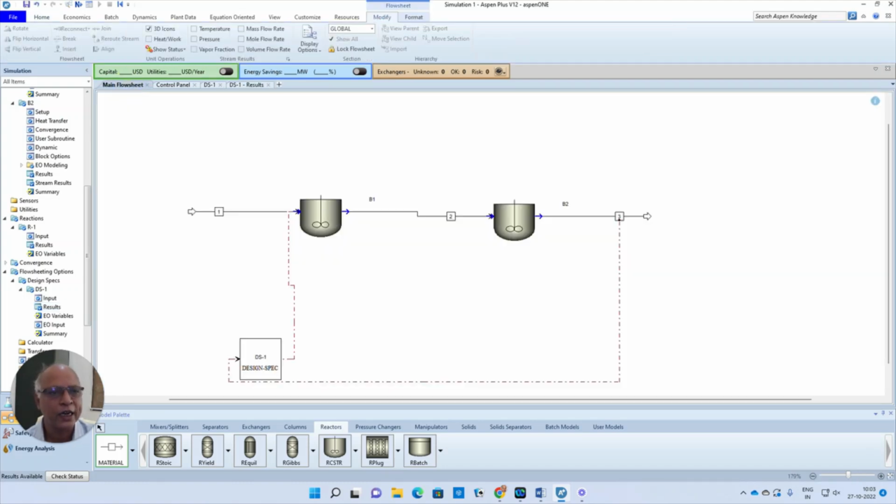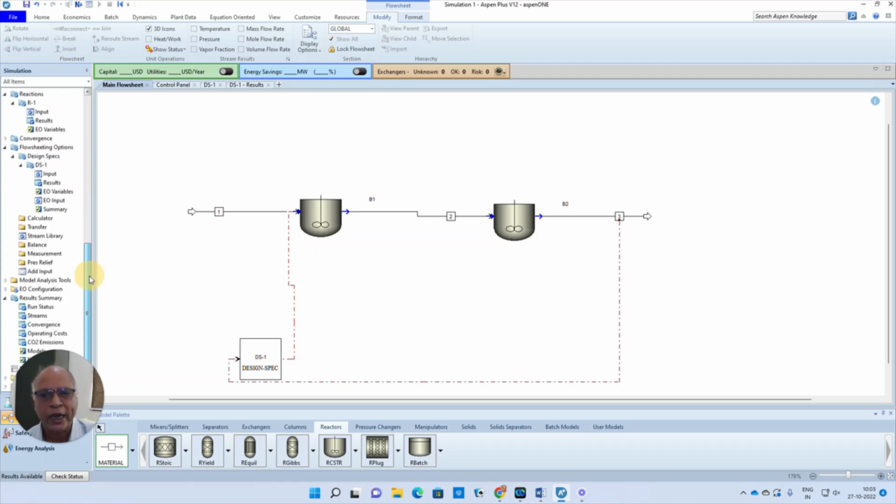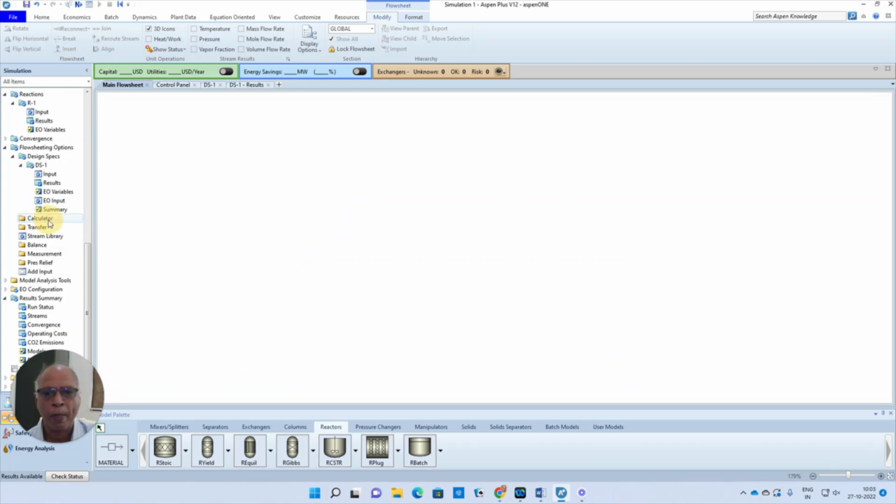But we know theoretically when we are conducting a first order reaction in two CSTRs connected in series, we have derived an equation stating that unless and otherwise these volumes are equal, the performance is not optimal. So this theoretical result you can verify from your reaction engineering course. Now, whatever limitation that I have of varying only one variable in design spec, now I would like to overcome that by using a calculator block.